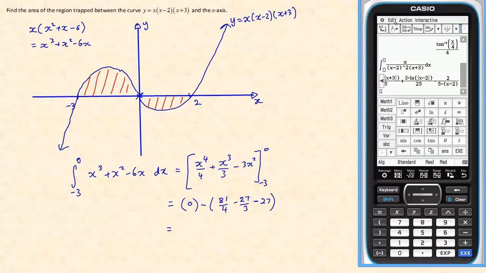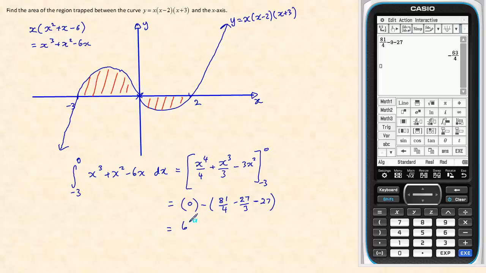So let's just clear everything we've got. And if we've got 81 over 4, take away 27 over 3, that's just 9. And then take away 27, that's -63 over 4. With this negative here, that's going to be 63 over 4 square units.